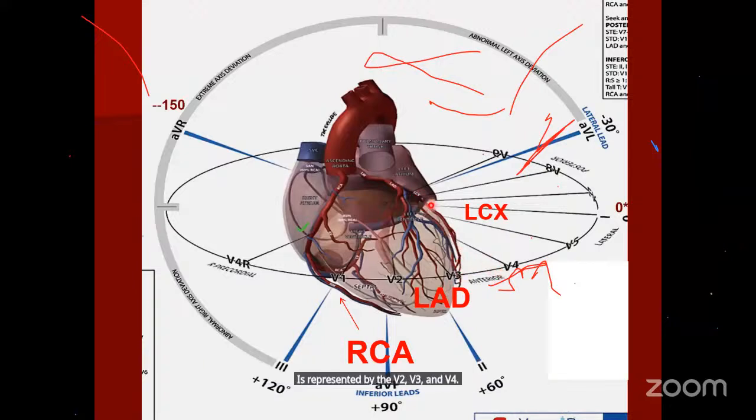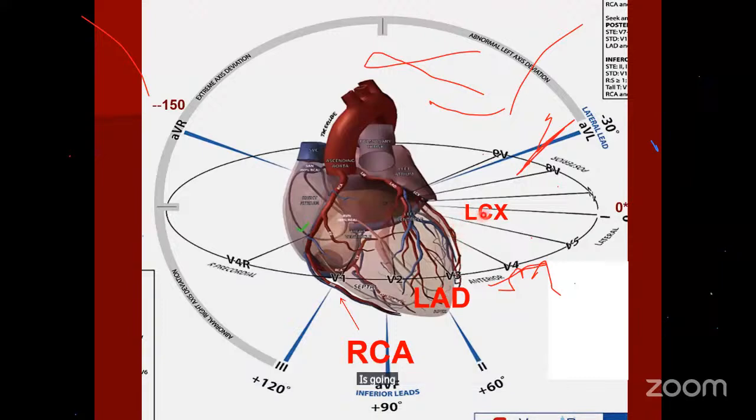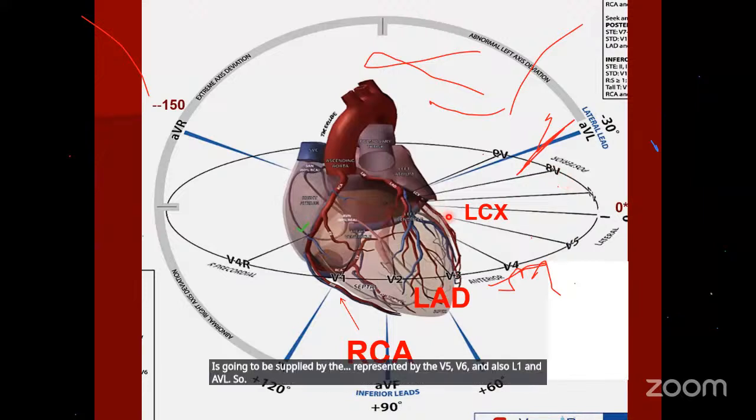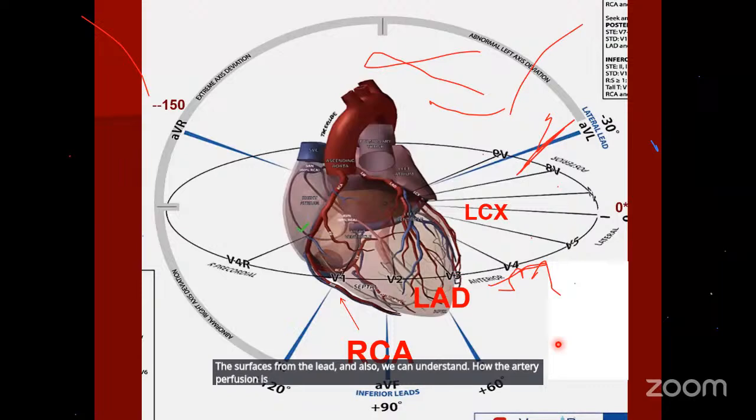My circumflex, which runs on the lateral surface of my heart, is represented by V5, V6 and also L1 and AVL. So my lateral surface is shown by the circumflex artery through four leads: V5, V6, L1 and AVL. This is how we understand the surfaces from the leads, and also how the artery perfusion represents the particular surfaces.